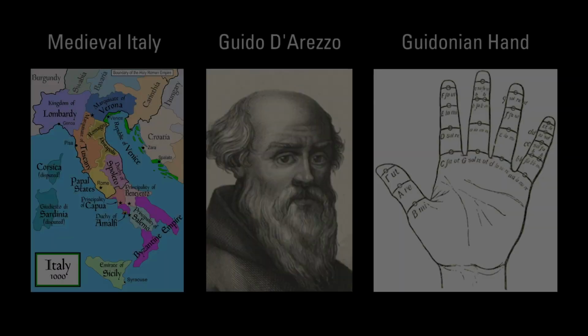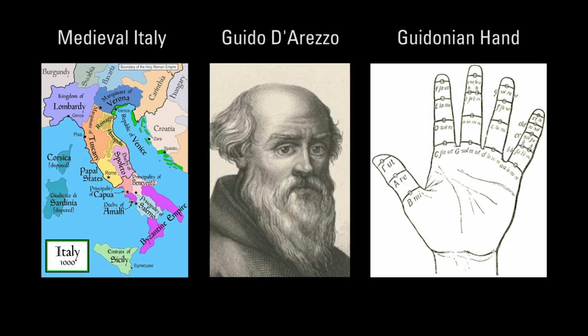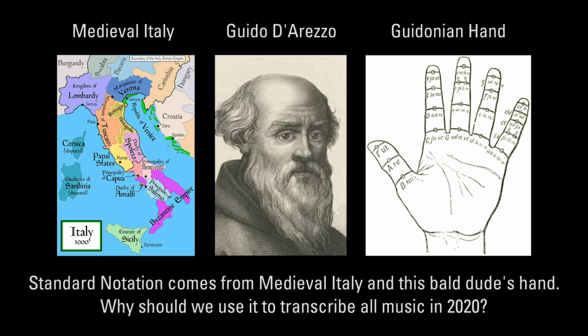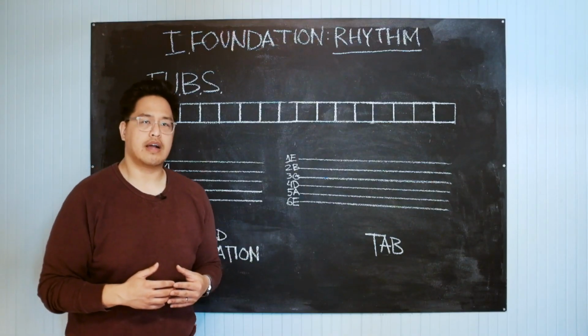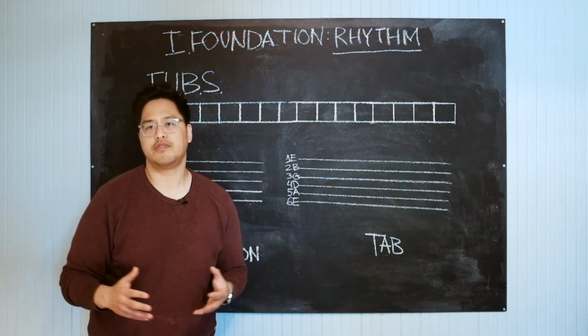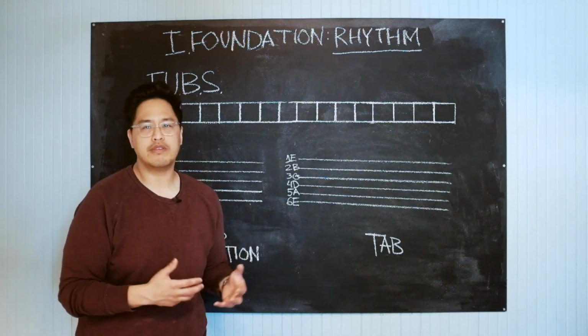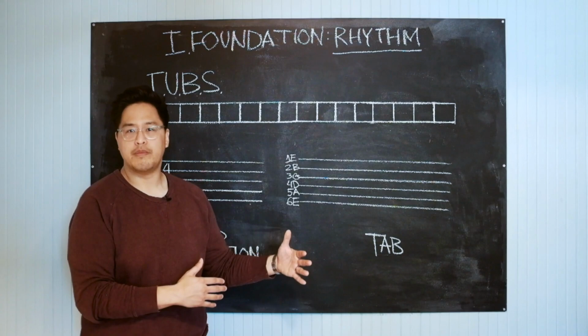Instead of spending precious time decoding a system best suited to one tradition of music, we can look at rhythm in a more universal way and open the door to conversation about rhythm across different traditions and methods of music production for a long time into the future.